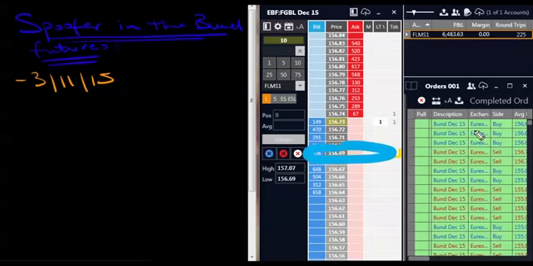It's very light on volume, and it'll kind of bulk up and then thin out. Over here, for example, it goes from 55 to 400 very quickly. It almost seems like the real size is around here, and in here it's just basically market makers making a market. So let's just see how this plays out.